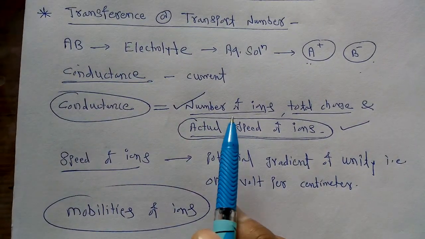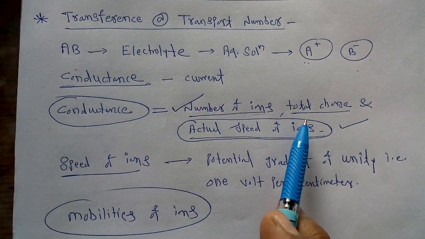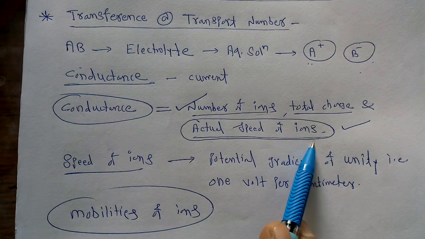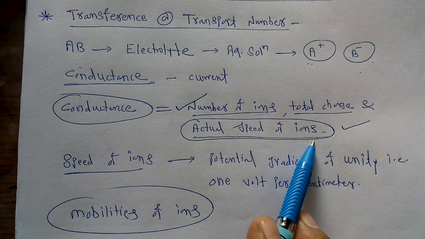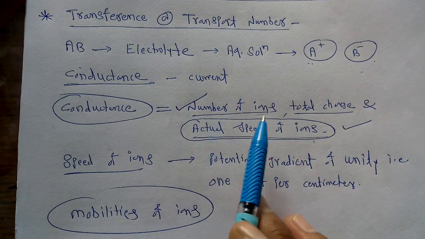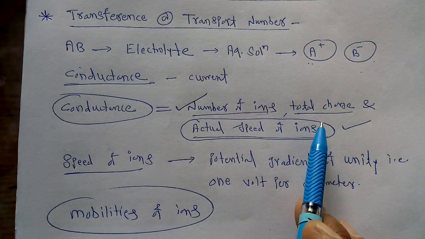The first factor is the number of ions, that is, the total charge present in the solution, and the second important factor is the actual speed of ions. We consider the given electrolytic solution at high dilution, where the number of ions is equal to each other, so the total charge remains constant.